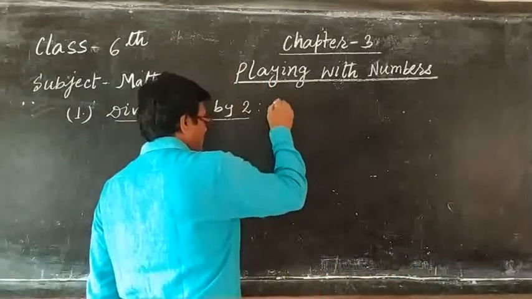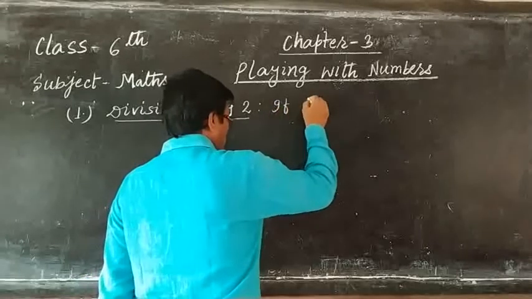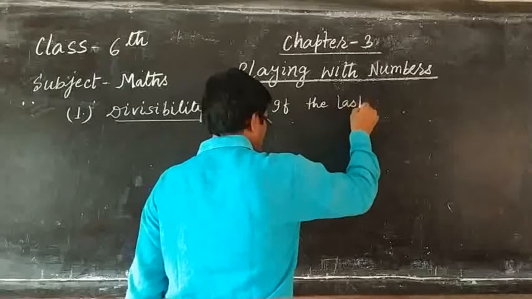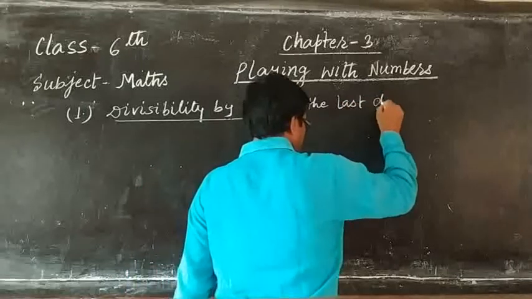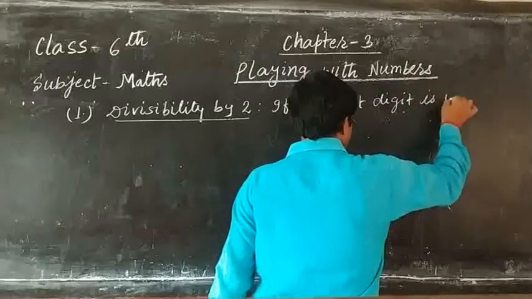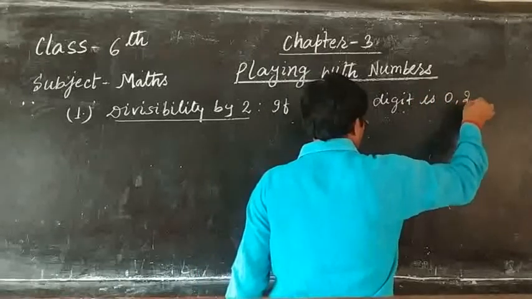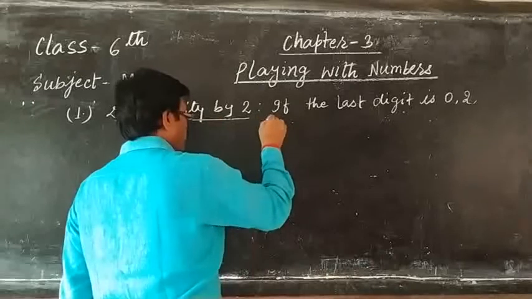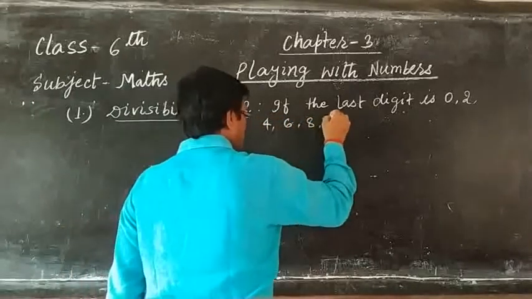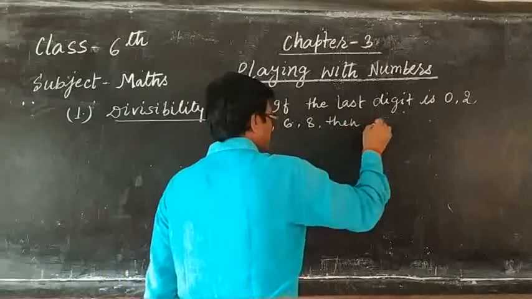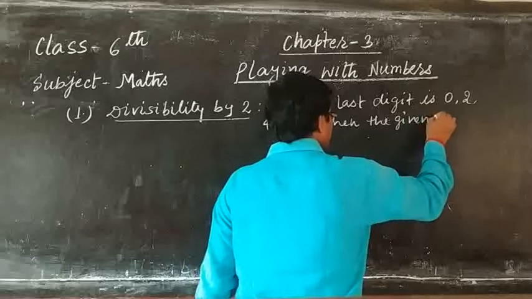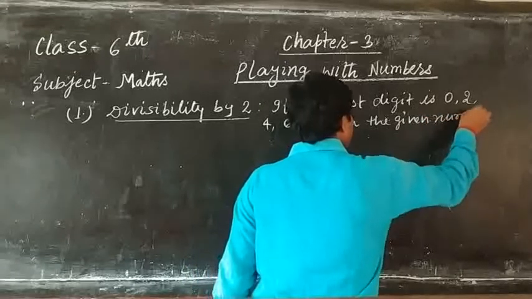This rule says that if the last digit is 0, 2, 4, 6 or 8, then the given number must be divisible by 2.